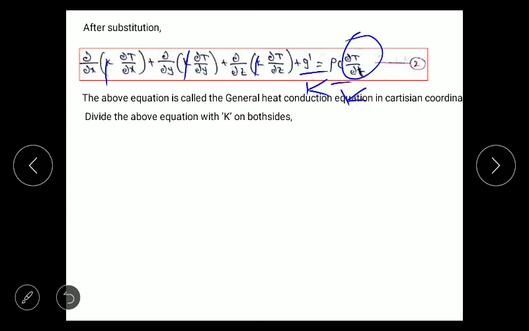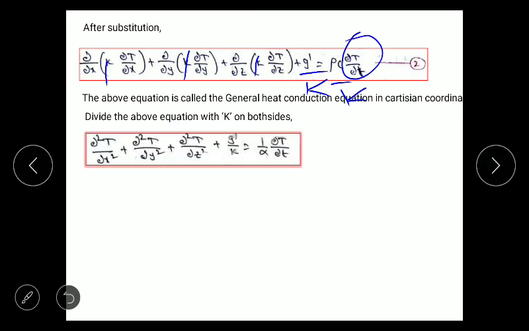As K's get cancelled, for the first three terms, dou by dou x of dou T by dou x is dou square T by dou x square. Dou by dou y of dou T by dou y is equal to dou square T by dou y square. Dou by dou z of dou T by dou z equals dou square T by dou z square. The final equation will be like this: dou square T by dou x square plus dou square T by dou y square plus dou square T by dou z square plus g dash by K equal to 1 by alpha.